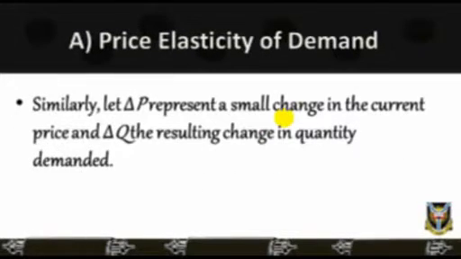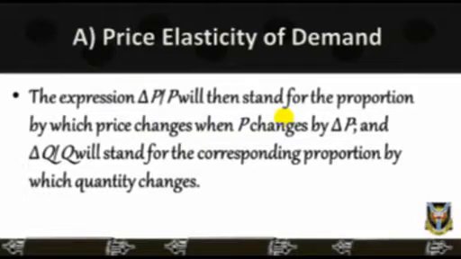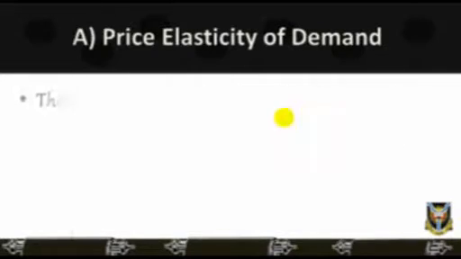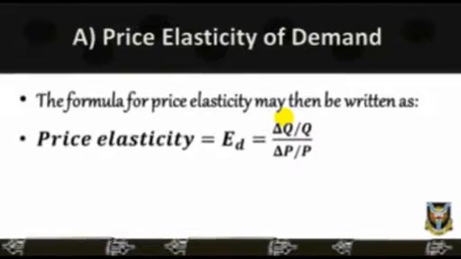The expression change in P over P will then stand for the proportion by which price changes when P changes by change in P, and change in Q over Q will stand for the corresponding proportion by which quantity changes. The formula for price elasticity may then be written as ED equals change in Q over Q, over change in P over P.